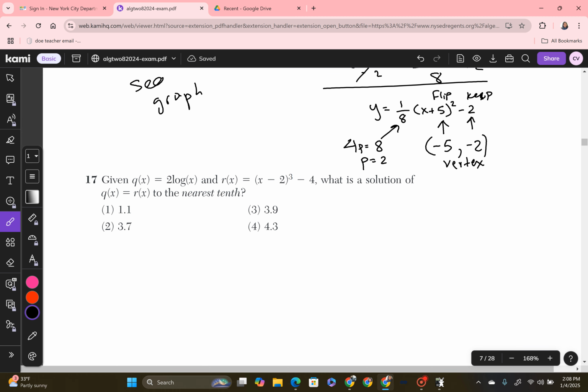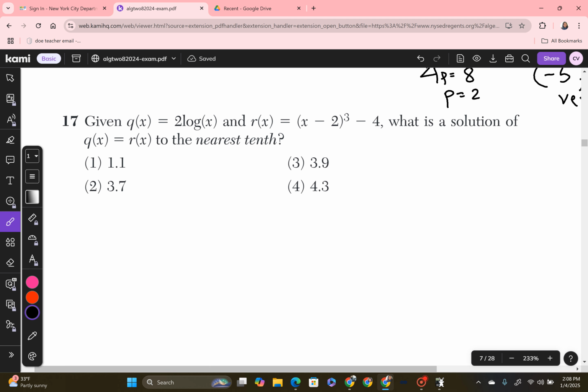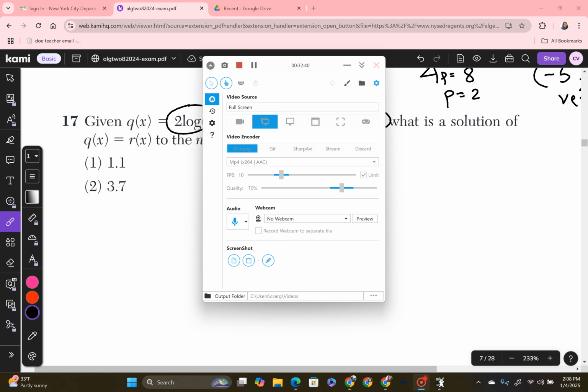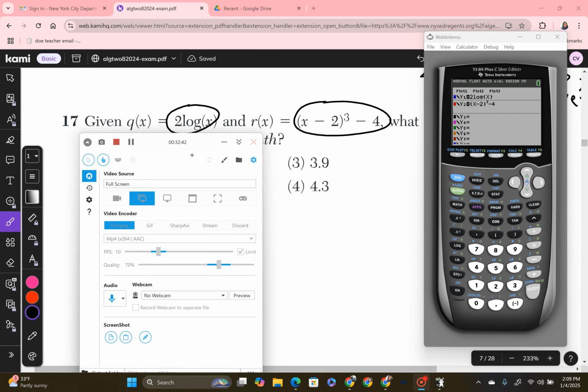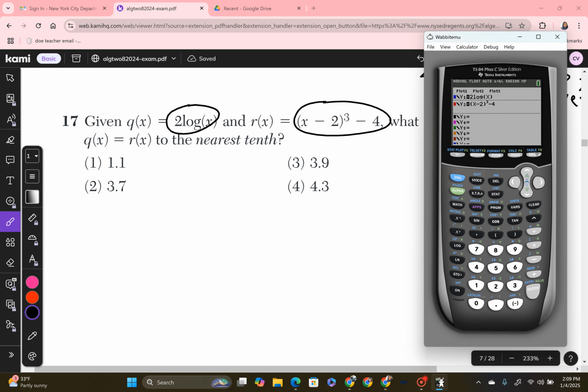This question is easiest to do using y1, y2. Plug this into y1, plug this into y2, and see where they intersect. All right, so I plugged it in, and now I'm going to hit graph. You need to make sure you can see the point of intersection, otherwise you have to change your window. That's the first one.